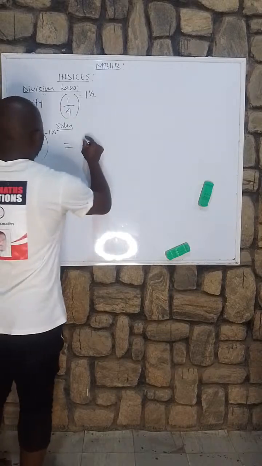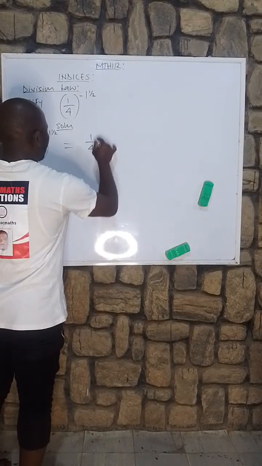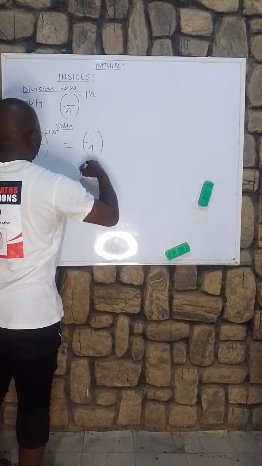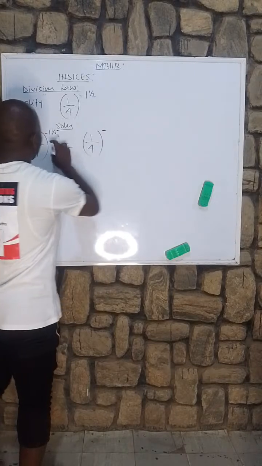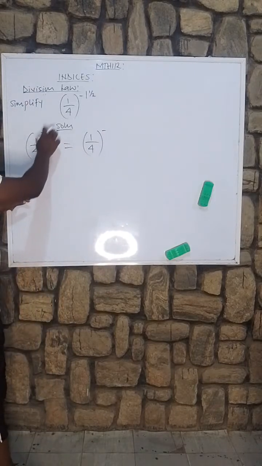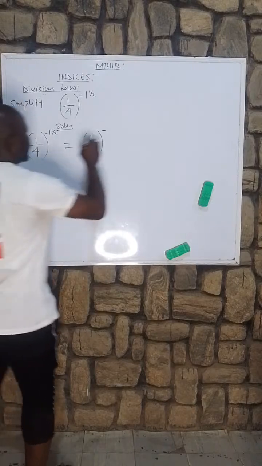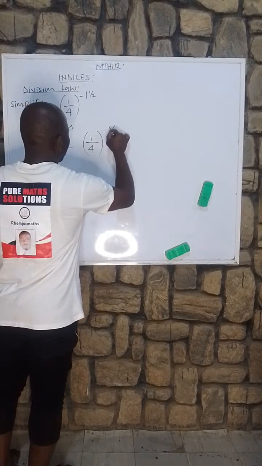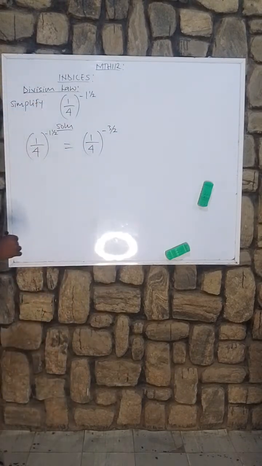So here we are going to have (1 all over 4) raised to the power of minus 2 times 1, 2 plus 1, 3. So 3 all over 2.